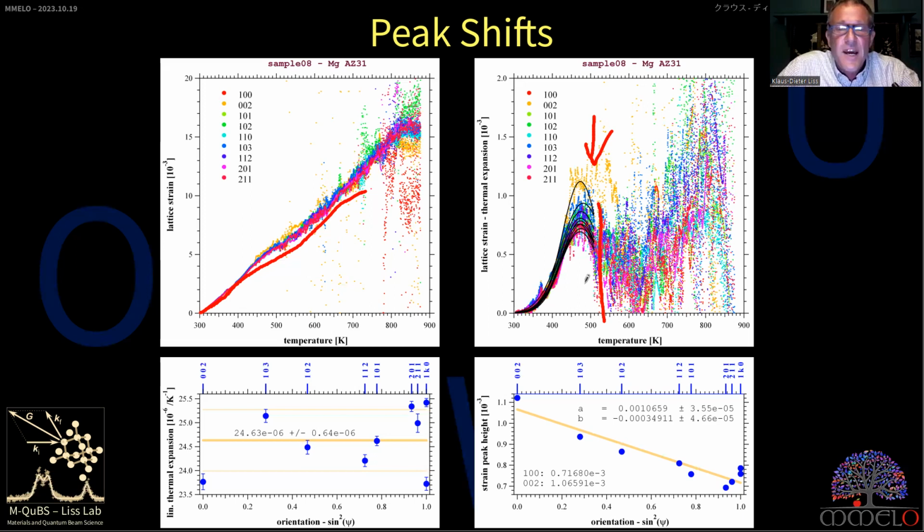A change of aluminium concentration is well known to give a change in lattice parameter, and therefore we see the change of lattice strain in these plots.